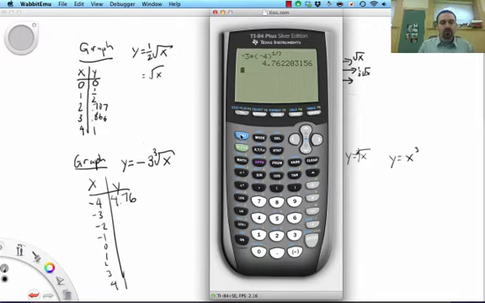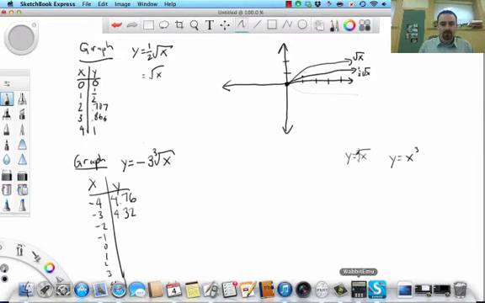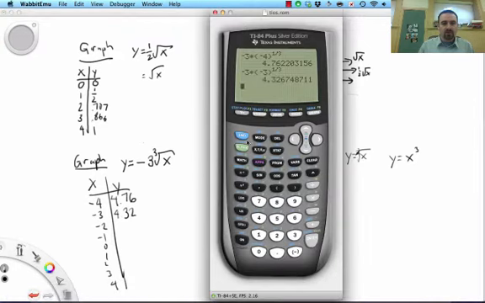Now I want to show you a quick, nice calculator shortcut. I'm going to go second, enter, and that's going to pull up the same thing. Now I can edit it. I want to put a -3 in, and I get 4.32. Again, second, enter, put a -2 in, and I get 3.78, I'll round that.